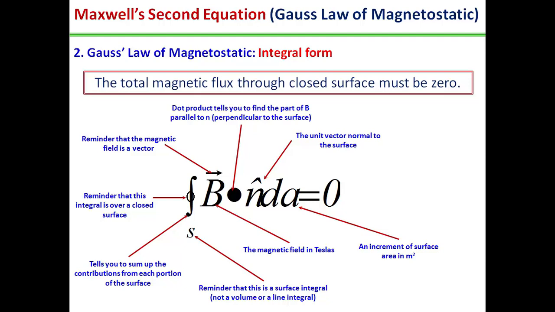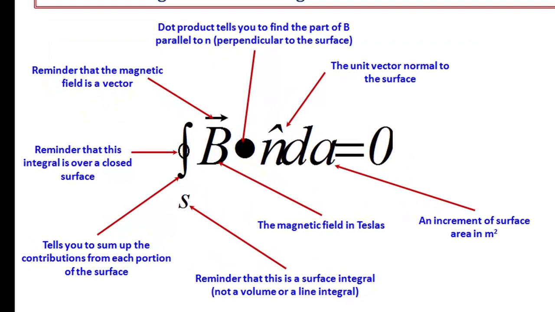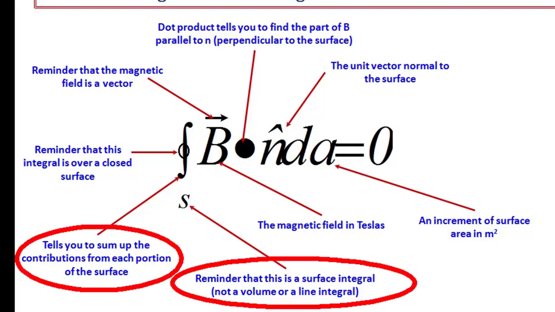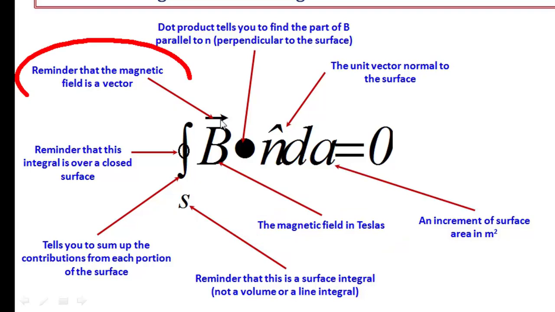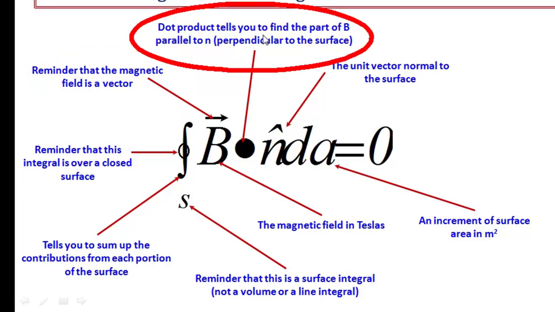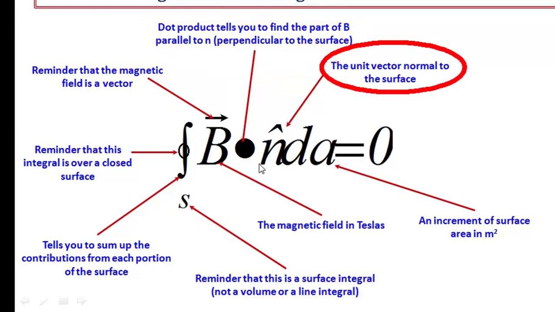Here is the expanded view of the equation where each symbol has a different meaning. The closed integral is used for the closed surface. B is the magnetic field defined in Tesla, and it is a vector quantity, so it is represented with an arrowhead. The dot product tells you to find the part of magnetic field B parallel to n cap, the unit vector normal to the surface.